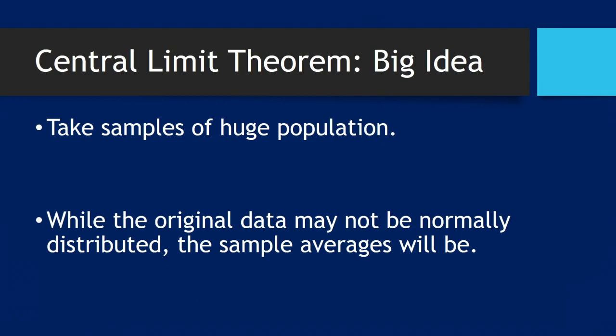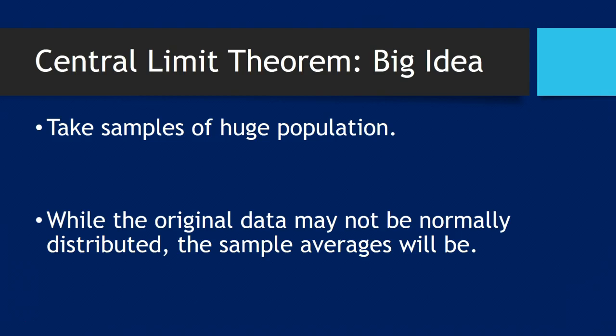So here's the big idea. I start with a huge population, like everybody in the state of Michigan. And maybe I look at their heights. And maybe I find out that the heights of people in Michigan are not normally distributed.